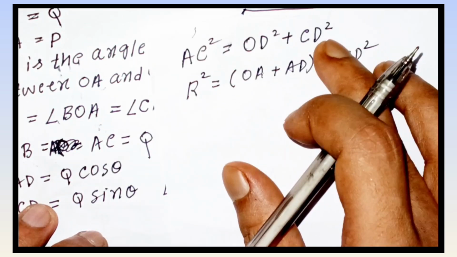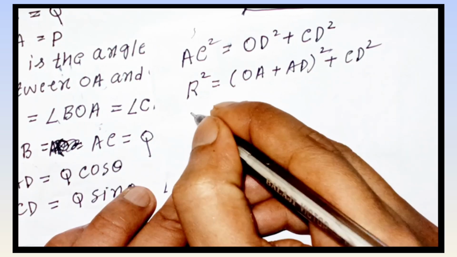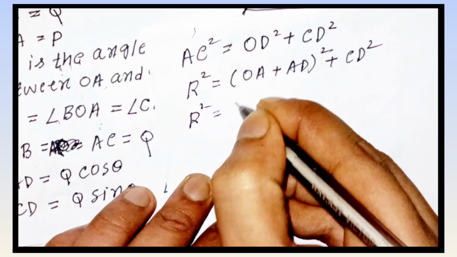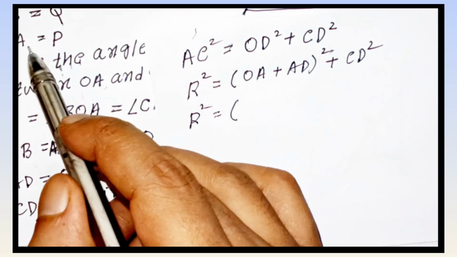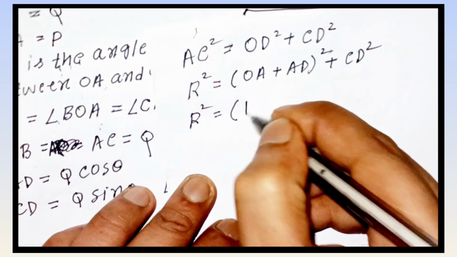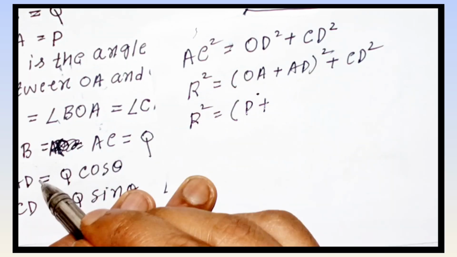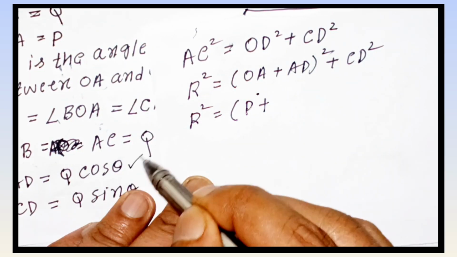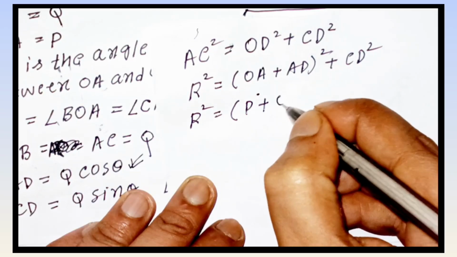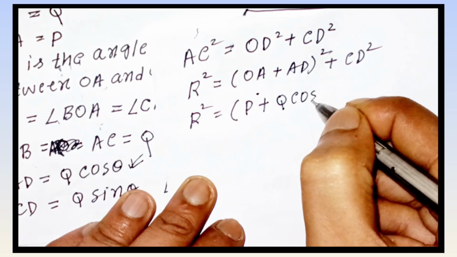What is the value of OA? At first write the left hand side, R square equals OA, this is P. Our diagram says AD is Q cos theta. So P plus Q cos theta whole square.